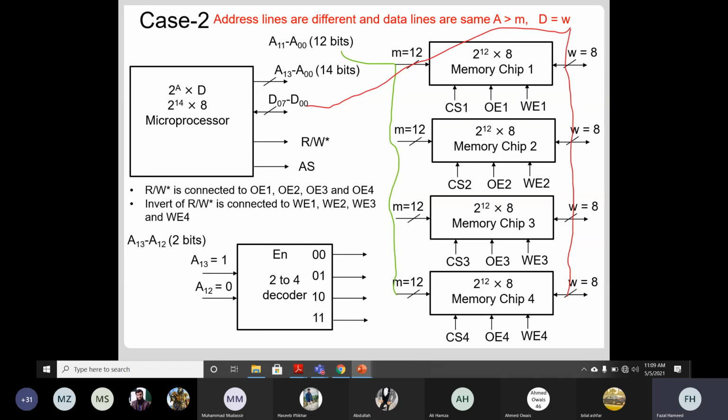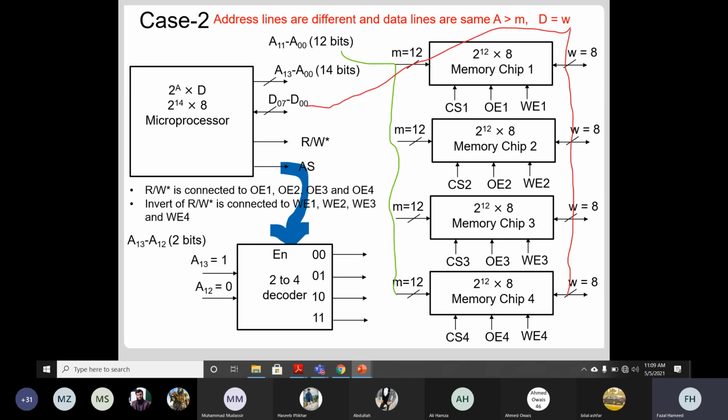When the most significant bits are 00, the first chip will be enabled. If it's 01, the second chip will be enabled, 10, the third chip will be enabled, and 11, the fourth chip will be enabled. And which memory will provide the data depends on this, and it also depends on the address strobe signal. When the address strobe is 0, all memories will be disabled because the decoder is not enabled.